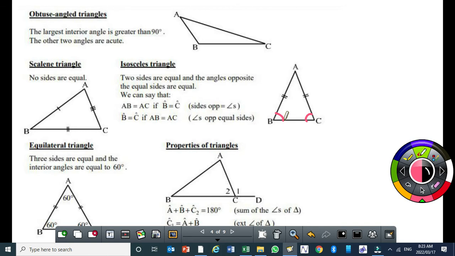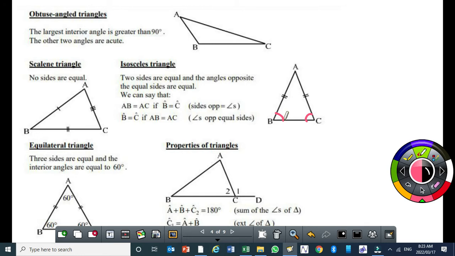Okay? Isosceles. Now, with regard to the isosceles triangle, you are going to encounter it a lot in grade 10, grade 11, grade 12. So, when you want to prove that two sides are equal for an isosceles triangle, please, you don't give your reason as isosceles triangle.